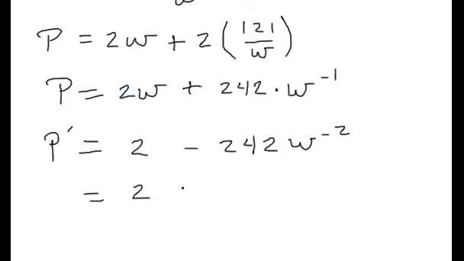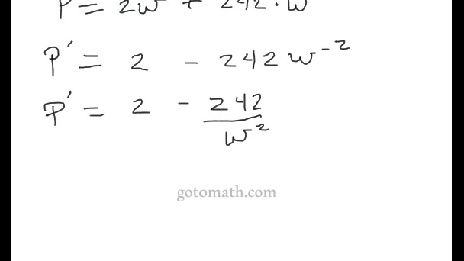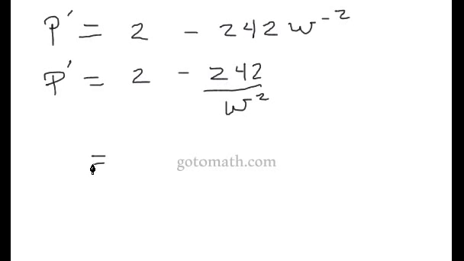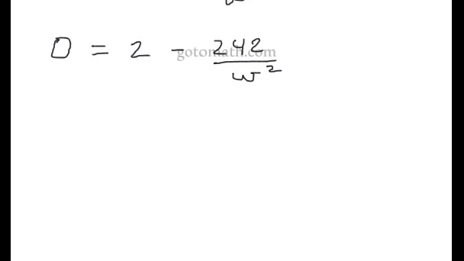We're going to rewrite this again. Right, just taking this back down to the denominator. Now, of course, we take our derivative, set it equal to 0. Set that equal to 0. And now what we're going to want to do is solve for W. Right, we want to solve for W.